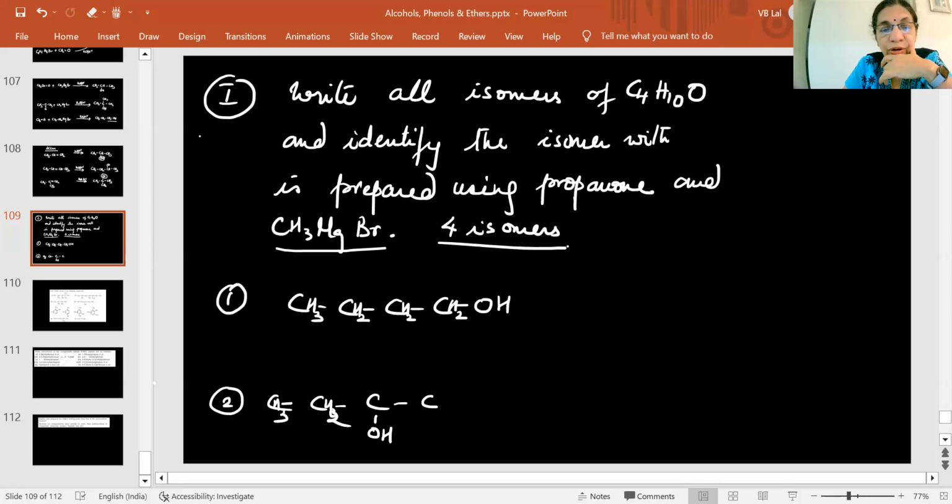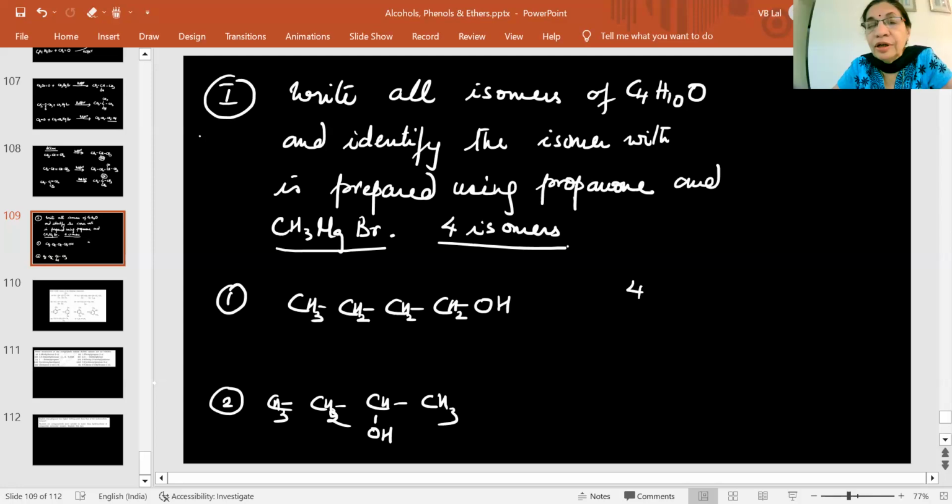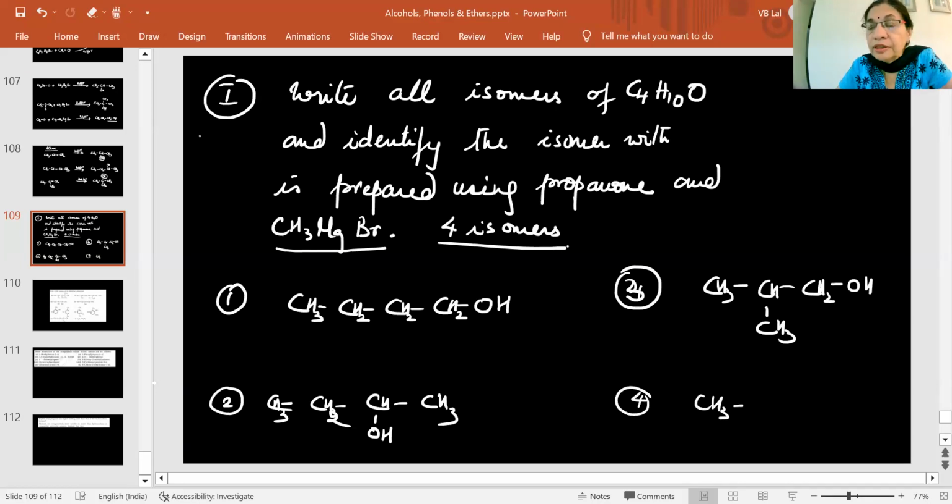Then the third one is you can have a branch: CH3, CH3, CH, CH2, OH. And the fourth one is CH3 and OH here this time, and an OH here.